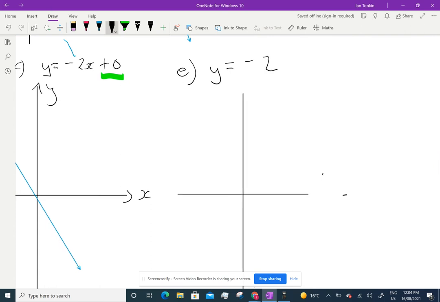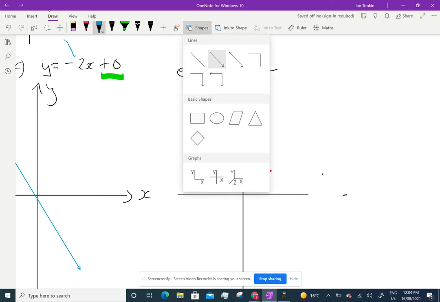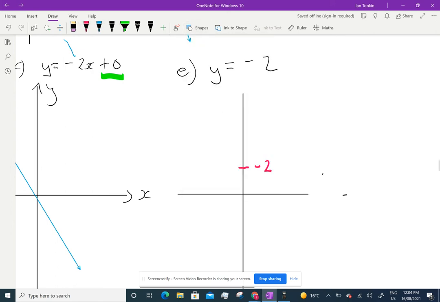Well, again, this is a straight line, and it's going through -2. And it's just going horizontal. It's always -2. That's it. That's y equals -2.